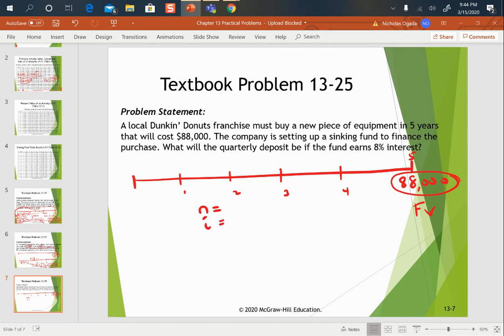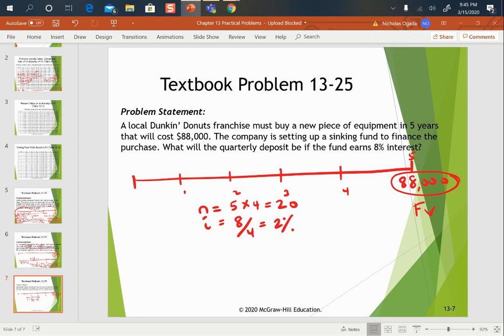Now it's 8% per year, deposited on a quarterly basis, so our I will be 8 divided by 4, which is 2% per period. And we're talking about 5 years, so the total number of periods is 5 times how many periods you have in a year. We have 4 periods in a year, so our total periods is 20. So N is 20 and I is 2%.